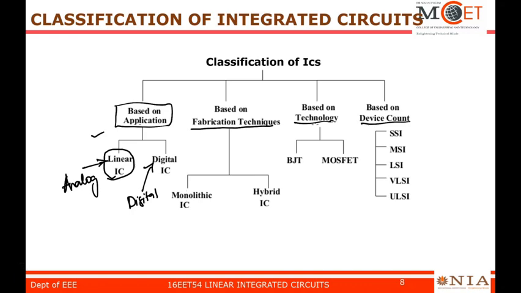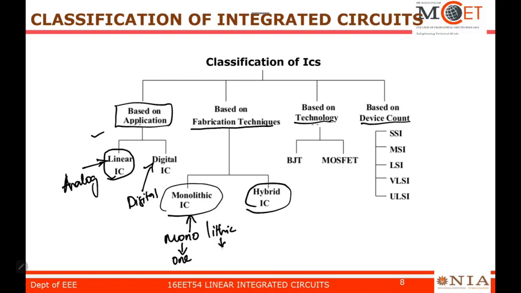Then based on the fabrication techniques, whether it is a monolithic IC or a hybrid IC. Monolithic: mono means one, lithic means stone or rock. On a single stone or rock, the IC is etched.